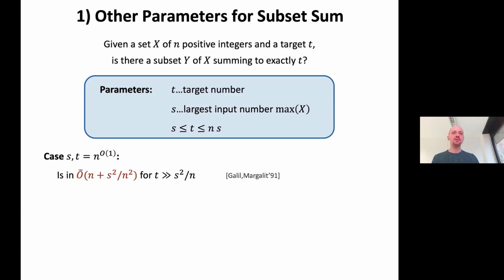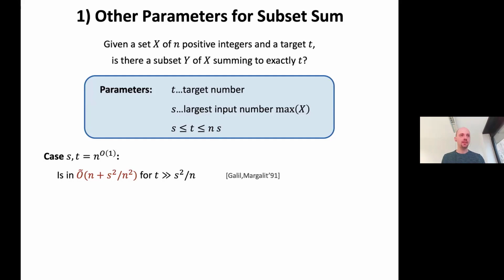There are some curious things going on in this parameter s. So for example, if you look at the case where s and t are polynomial in n, which, I mean, not clear how realistic a scenario this is. Certainly it's one of the cases that should be handled if we want to get an optimal dependence on s.